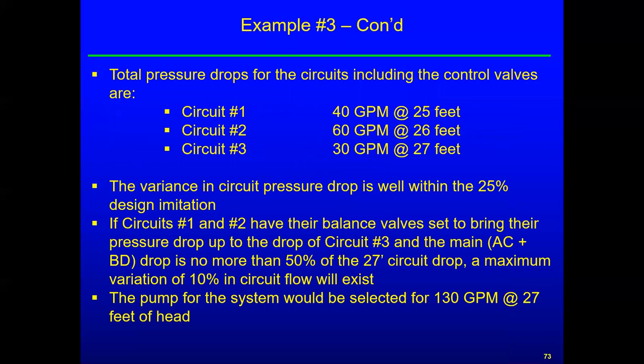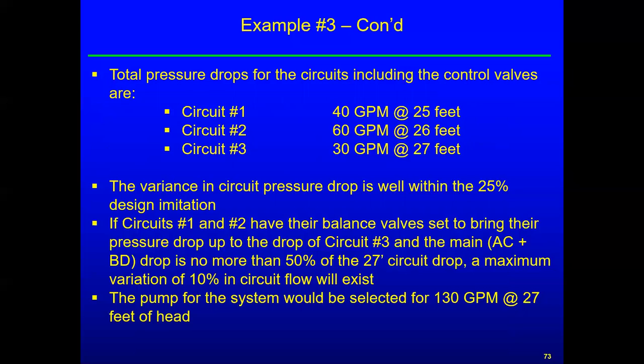So that's what we're showing there, the total pressure drops in the circuits before we use the balancing valve. Again, that's nowhere close to a 25% variation, so we're no problem there. And if circuits number 1 and 2 have their balance valves set to bring the total pressure drop to that of number 3, and the main AC plus BD is no more than 50% of 27, then we'll be fine for flow variation.